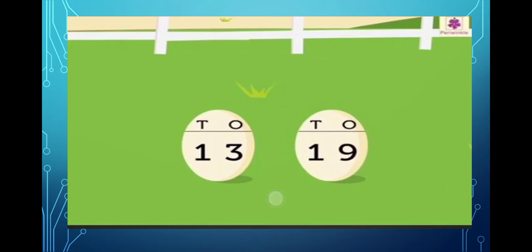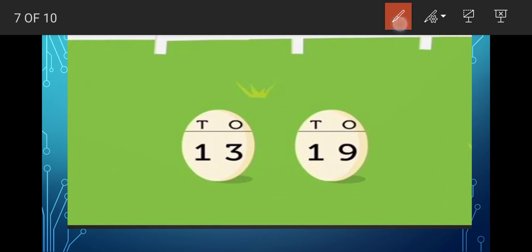So that means which one is greater? Here 13 is smaller than 19, or you can say 19 is greater than 13. Anything you can say. Okay, so this way. Understand, children?